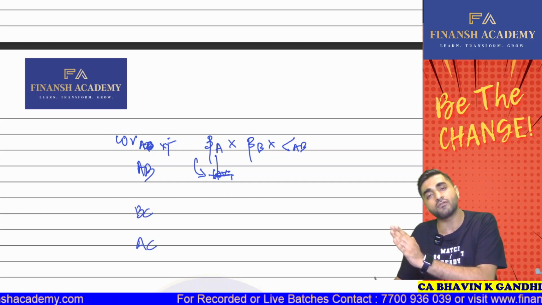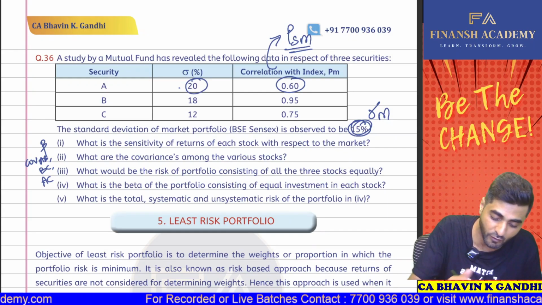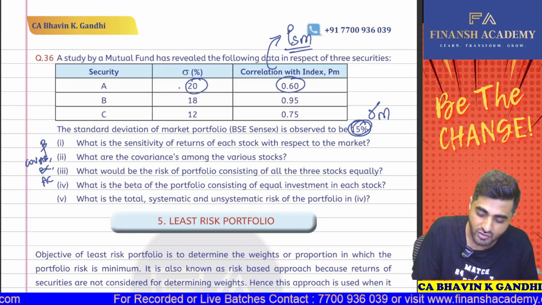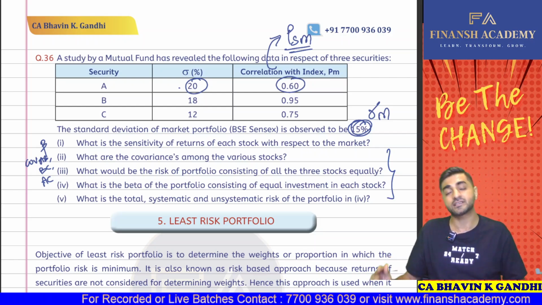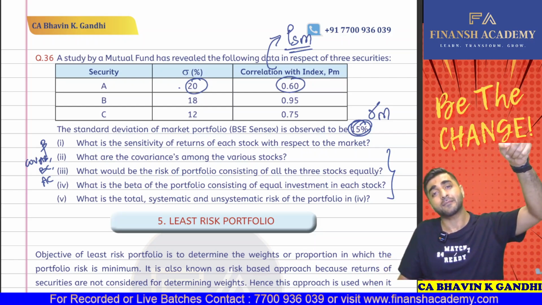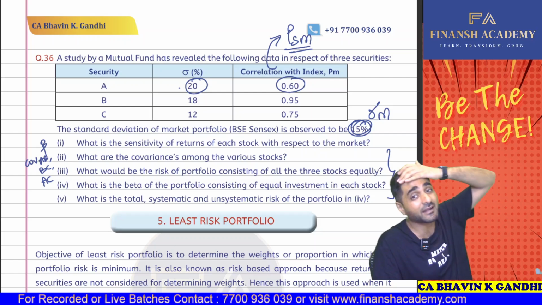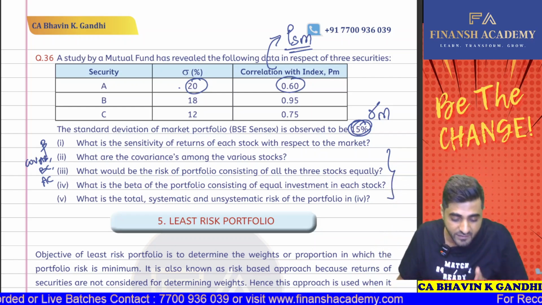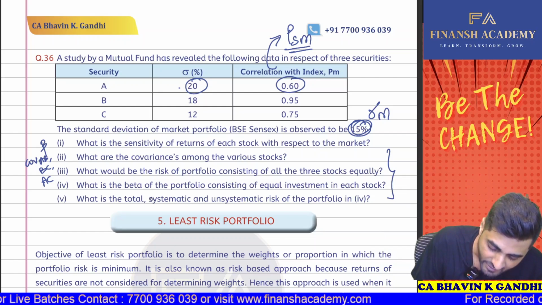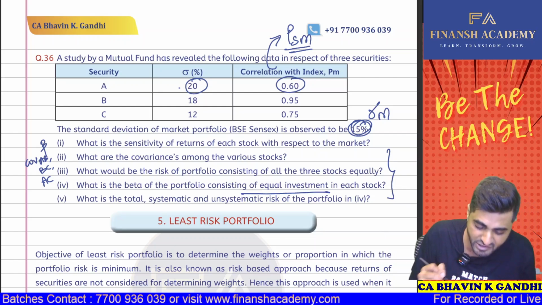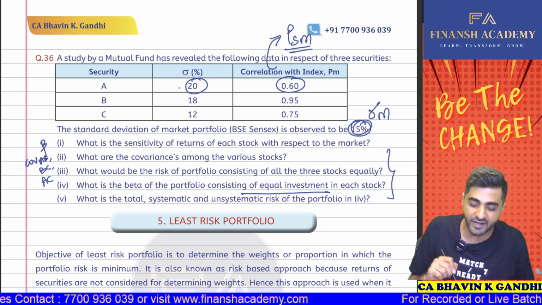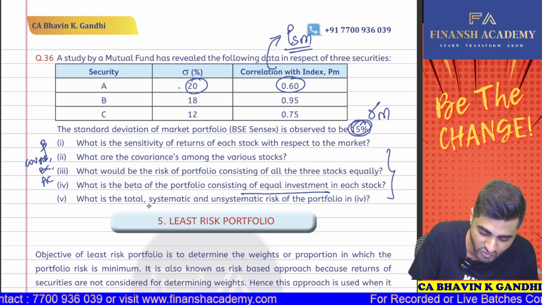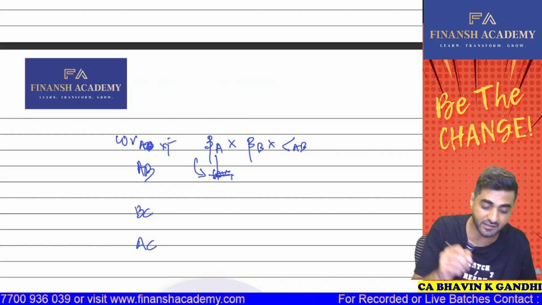So once we have the covariances, can I use the three security portfolio formula to do the calculations? Yes, sir. So that's what they have asked you in this particular question. And now, see, one question I had kept, I revised it, when the systematic risk and unsystematic risk were to be calculated based on the variance. Here in this particular question, they have told you that this is required to be calculated in each investment. And also we are required to calculate the total risk, systematic risk and unsystematic risk.